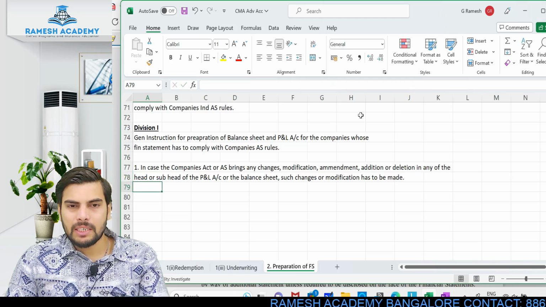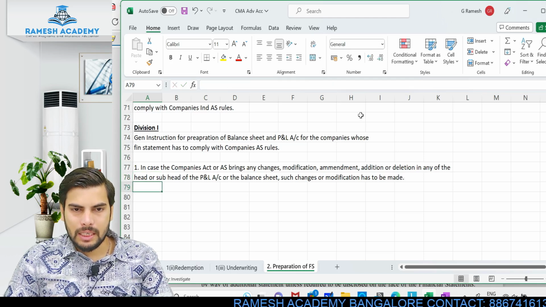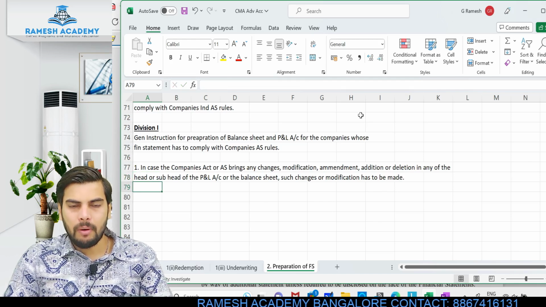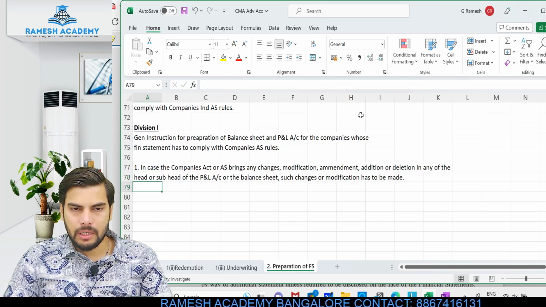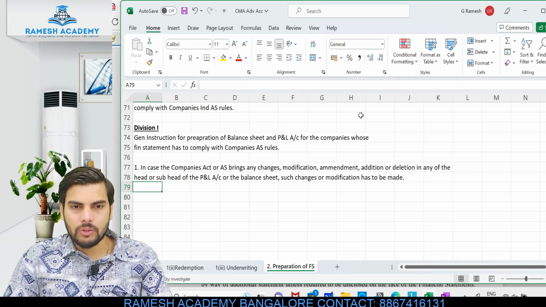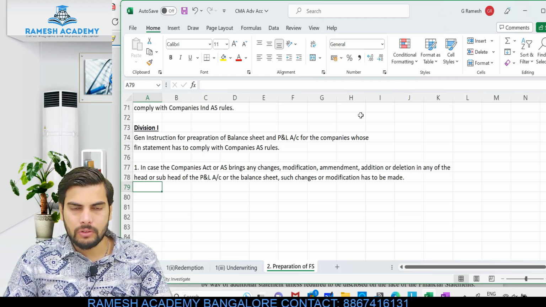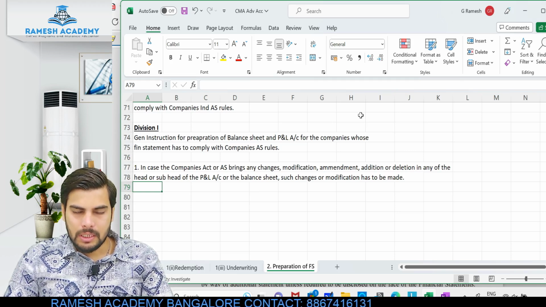So if the Companies Act or the accounting standard are asking us to do certain changes, they come up with certain modification, amendment, addition, deletion in any head or subhead, these changes has to be made. This is the first point.